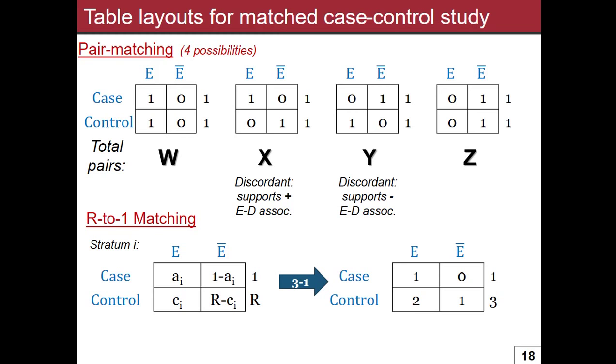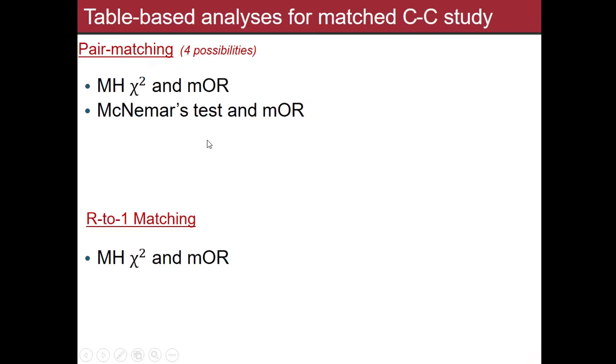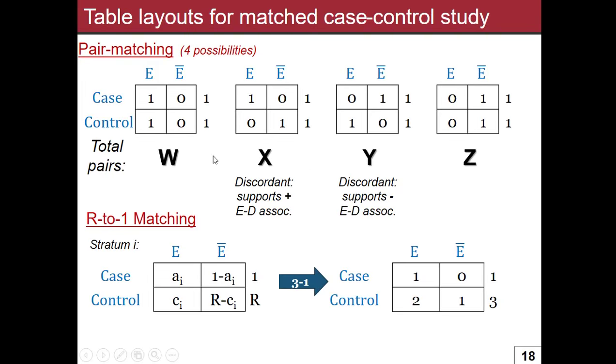This is all from 534. Do you guys remember this? Okay, good. So when you set this all up and do the analysis using the McNemar test or the Mantel-Haenszel method, and you do X over Y as the odds ratio, you're controlling for the matching factors because you make all these tables that represent each matched pair, but you can't actually control for anything else.